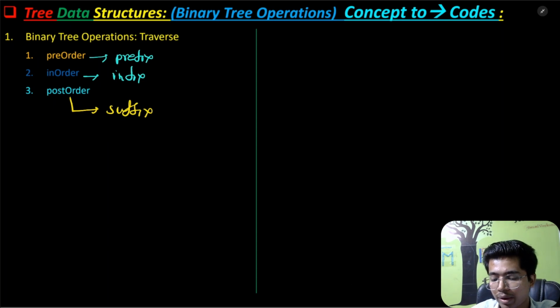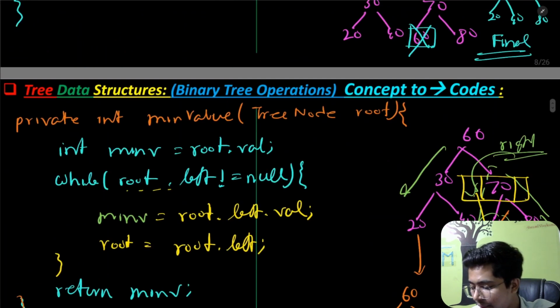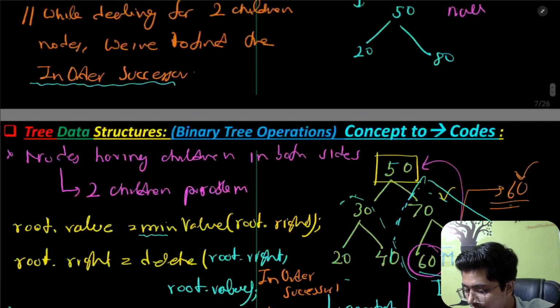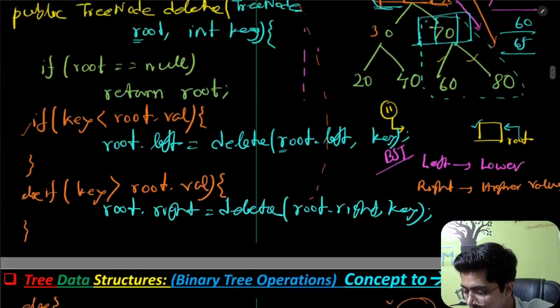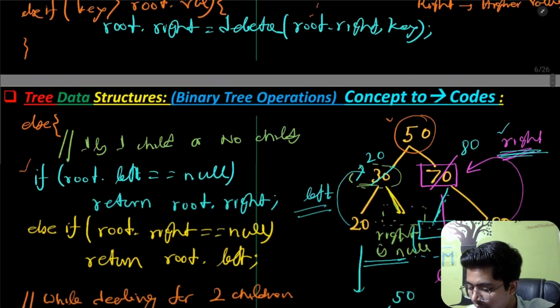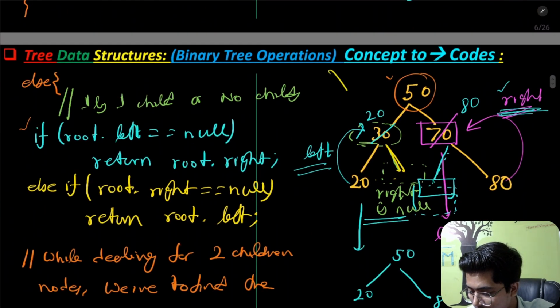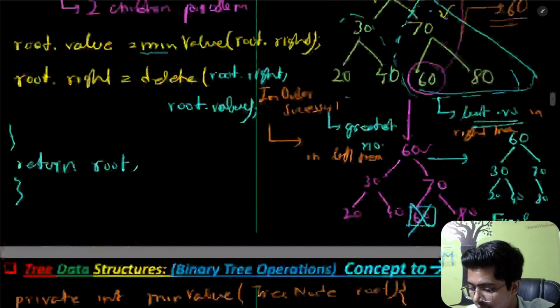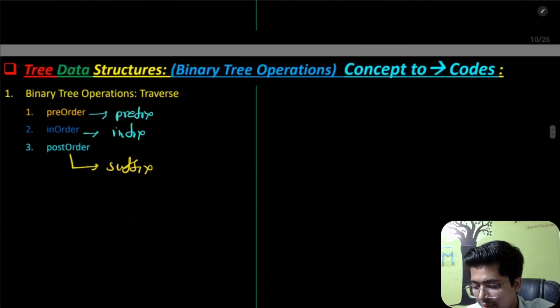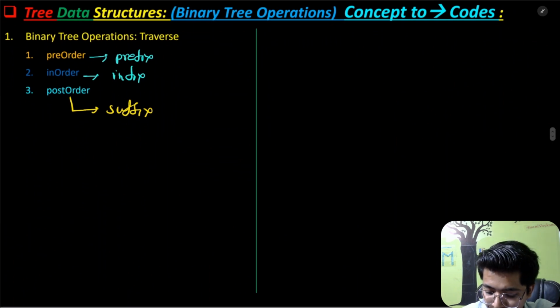So how does pre-order work? Let's take a tree, the tree from the previous example. Okay, we will just take any other simple tree.